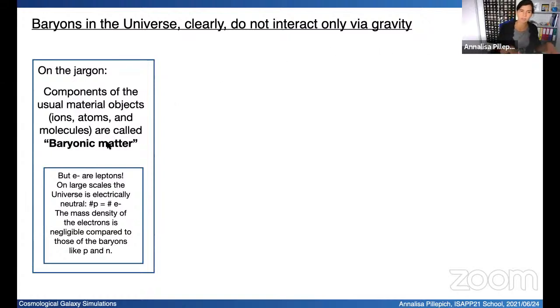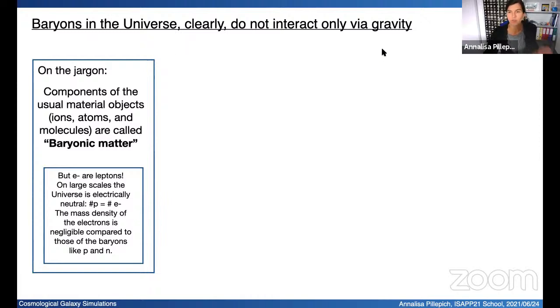Yes, but it's fine. On very large scales, the universe is electrically neutral, and because the mass density of the electron is negligible compared to the one of the ions, say, like proton and neutron, people have started to just simplify the nomenclature and call everything baryons. Okay, so now baryons in the universe clearly do not only interact via gravity.